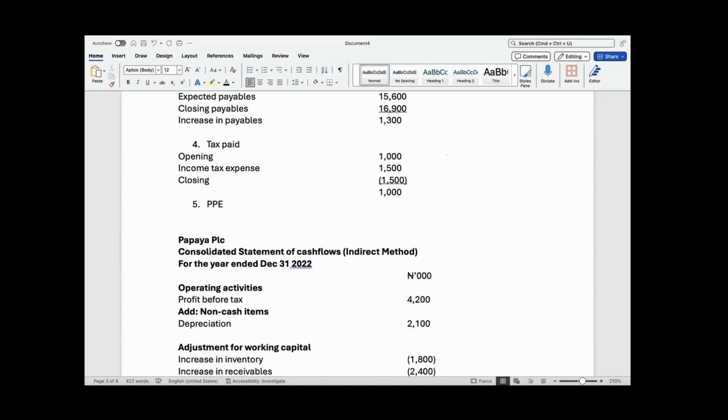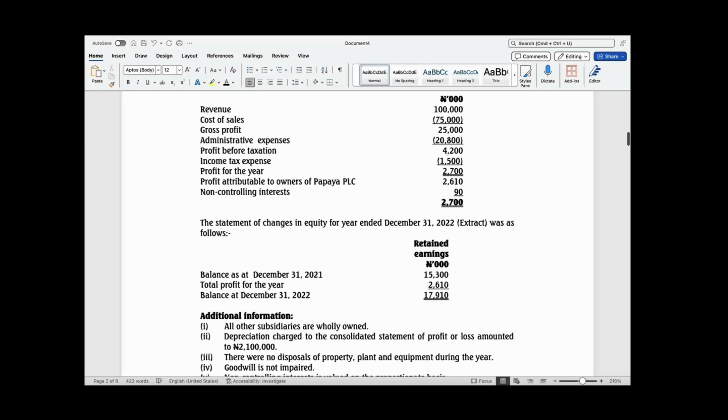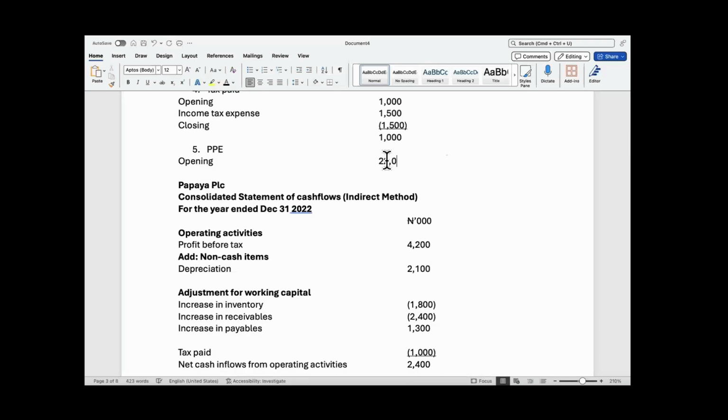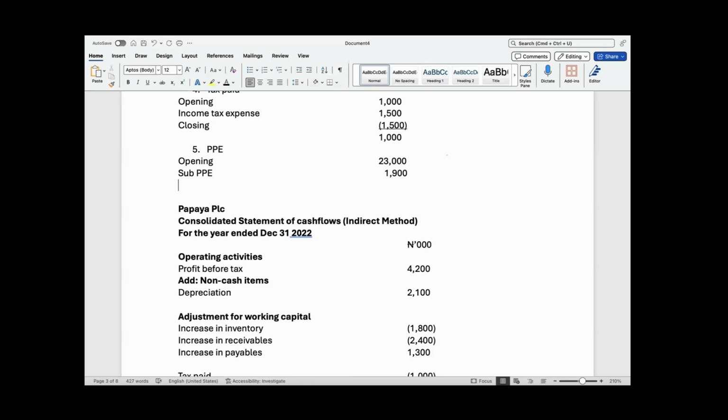So let's find an easy way to do this. PPE. What's my opening PPE? 23,000. Plus subsidiary. What's the subsidiary? 1,900. Okay, good.